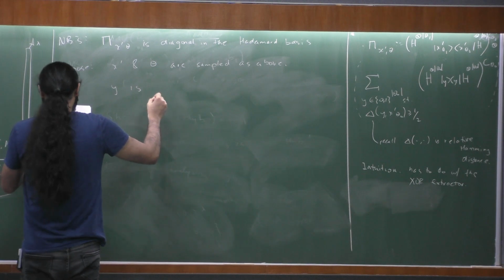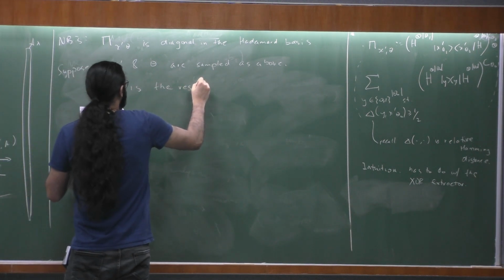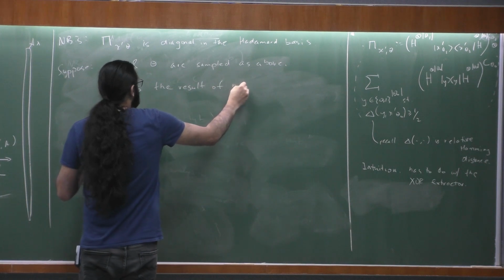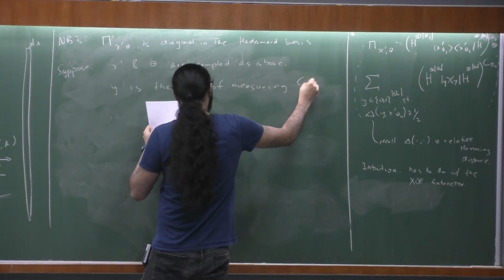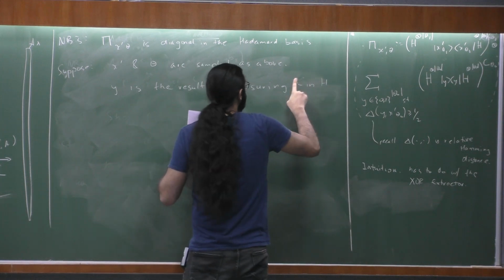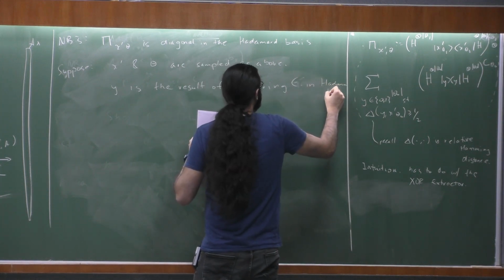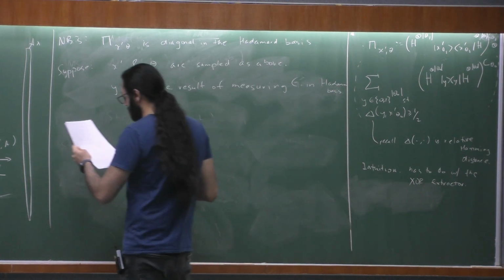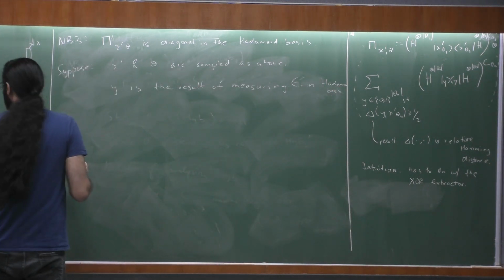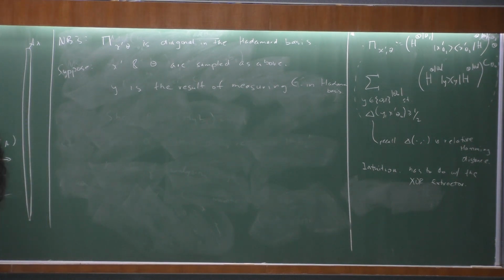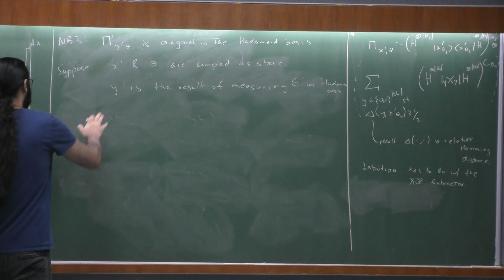And suppose y is the result of measuring C in the Hadamard basis. So you have register C, and you're going to measure all of register C in the Hadamard basis, and the outcome is y.